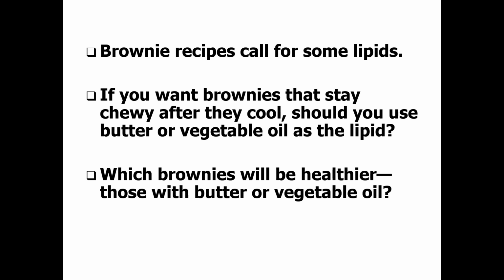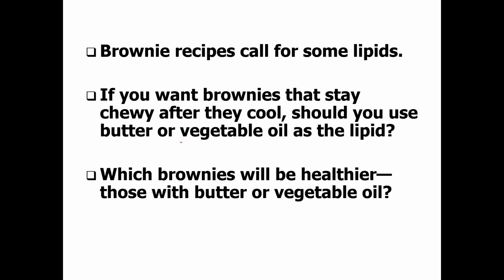So for the first question, let's think about this. If brownies cool back down and they're made of butter, what's going to happen to that butter when it cools down? It's going to re-solidify, making those brownies very dense. Vegetable oil, on the other hand, will still stay liquid when it cools down, which makes those brownies very chewy.